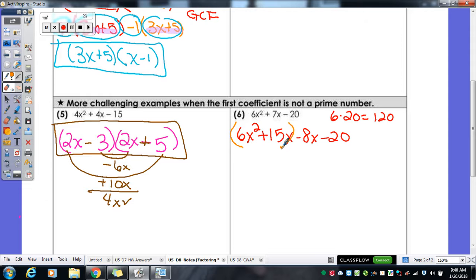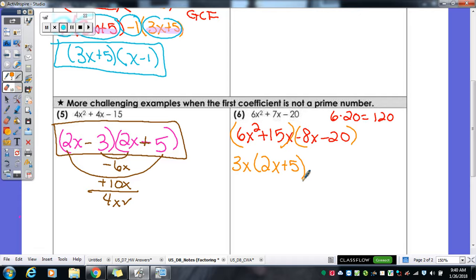So group the first two, group the last two. What's our GCF in the first two? Not just x this time. There's actually a number too. Yes, 3. 3x, and then we get 2x plus 5. And then our GCF within the last two.